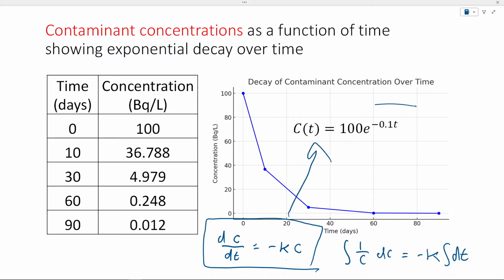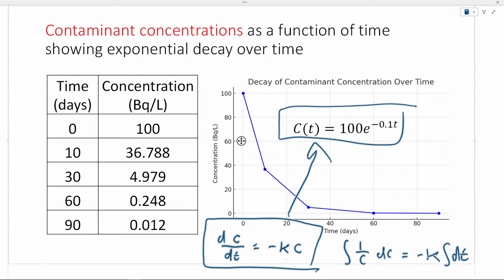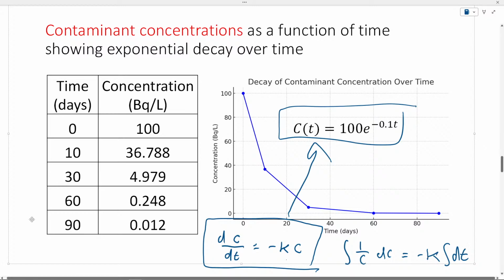And then how to interpret this and use this in field applications, that would be in other courses, for example the contaminant transport course. That's where you will learn the field application of these things. Here you're just learning the general concepts behind developing these simple models.